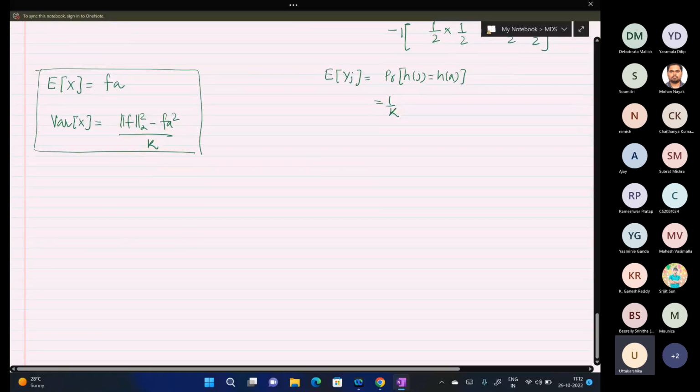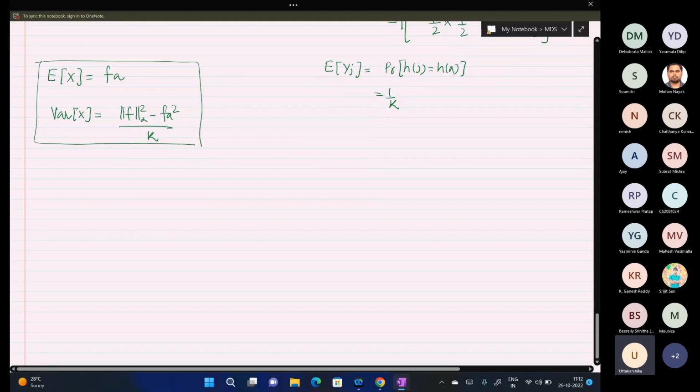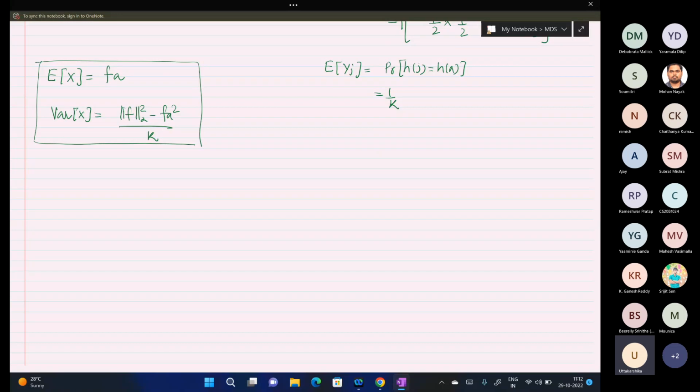We can apply Chebyshev, right? So basically, we want to give some guarantees on how concentrated our estimator is with respect to its ground truth value. So just to give that result, we'll use the Chebyshev inequality.